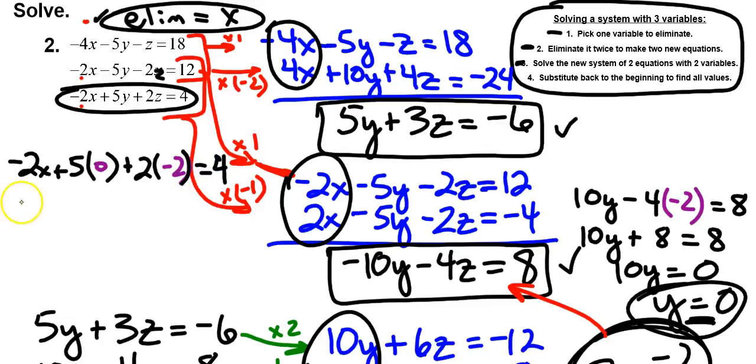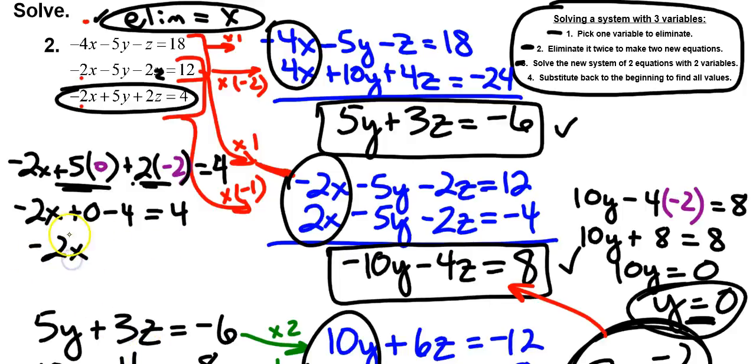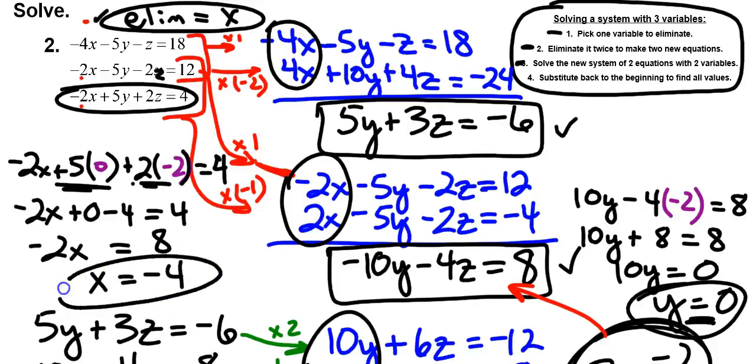So as we work all this out, that's going to be negative 2x plus 0, and this would be minus 4, is equal to 4. When we add over, we get negative 2x. These make negative 4, and we add that, so we get negative 2x equals 8, so x must be equal to negative 4.